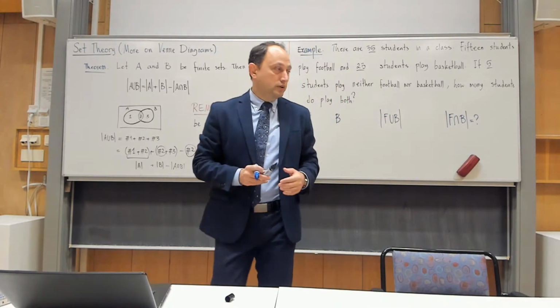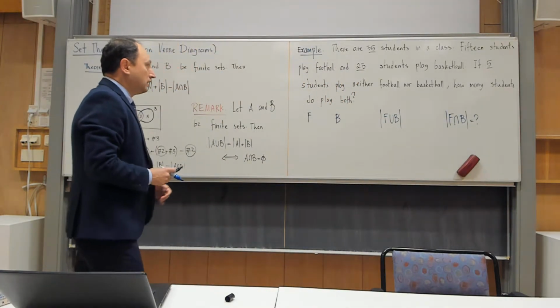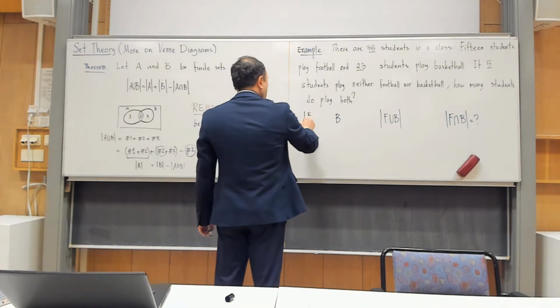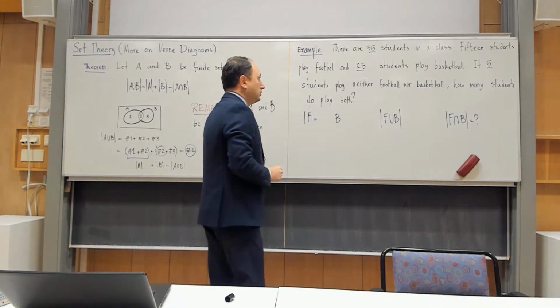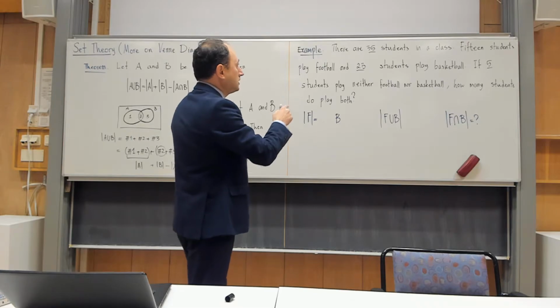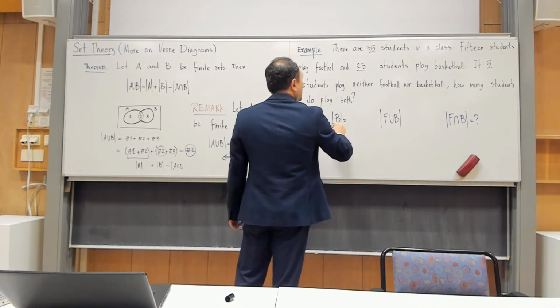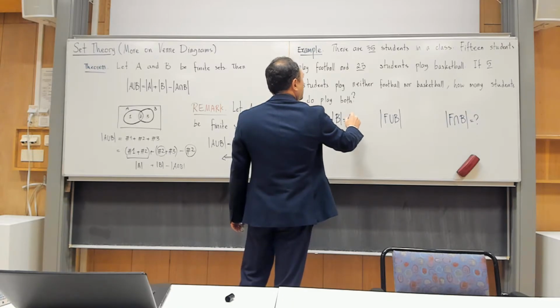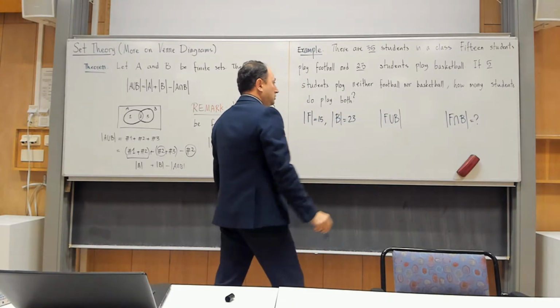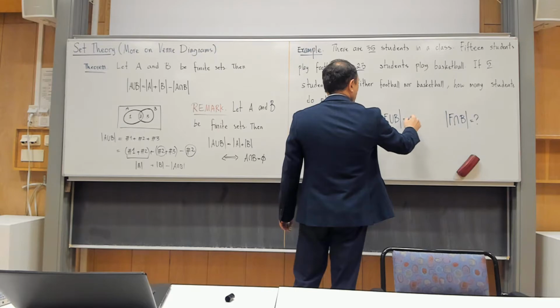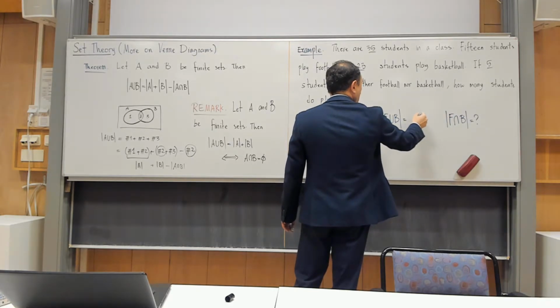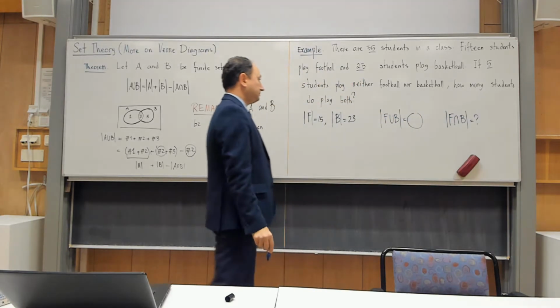And that's exactly what we want to find. Of course, we also know the number of students playing football is 15, and for basketball the cardinality is 23. And then you want this. You have 2 question marks, but you need to know this. What is this number here?